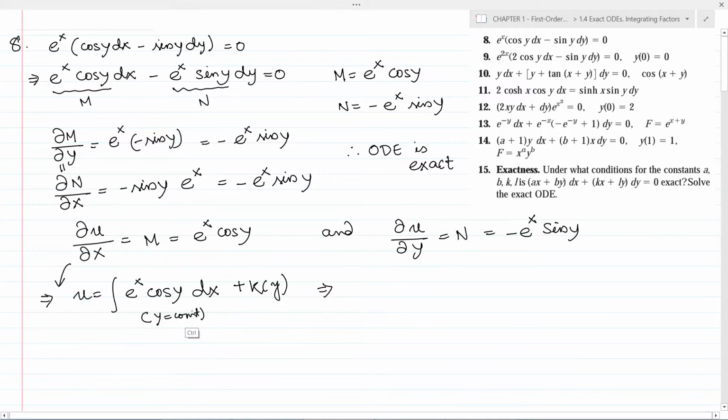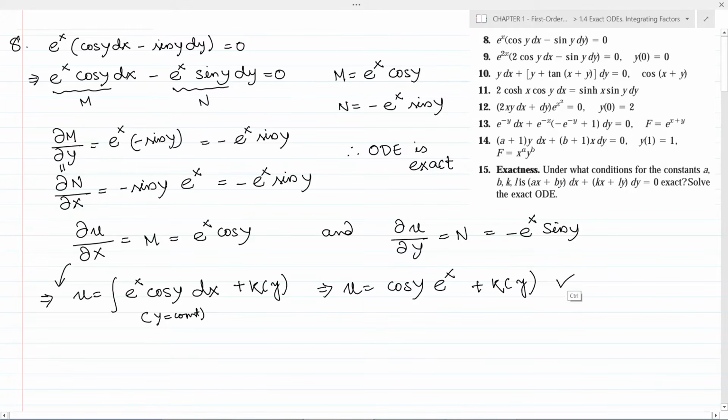This implies, if we assume y equal to constant, this cos y term comes out of the integration, and we have u equal to cos y times the integration of e to the power x dx, which is e to the power x, plus k of y.